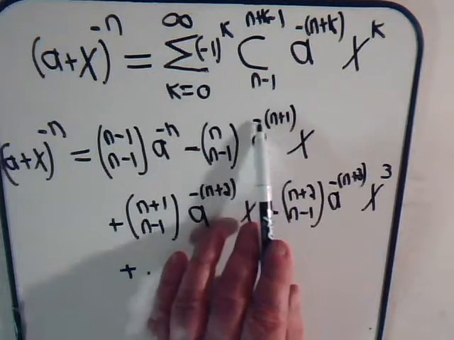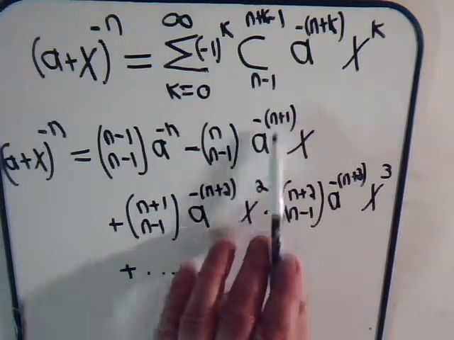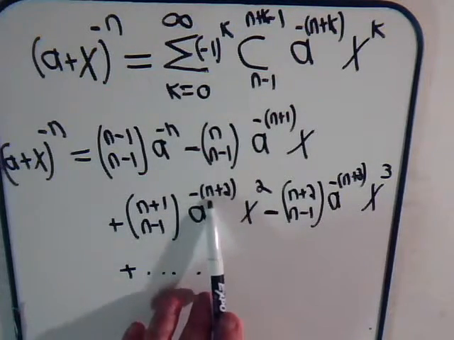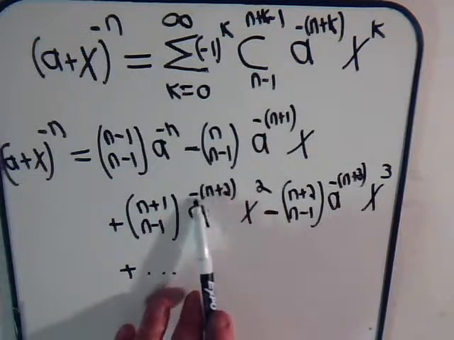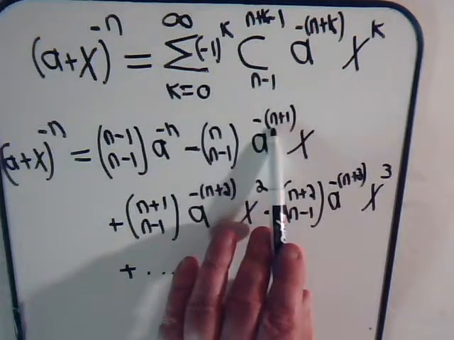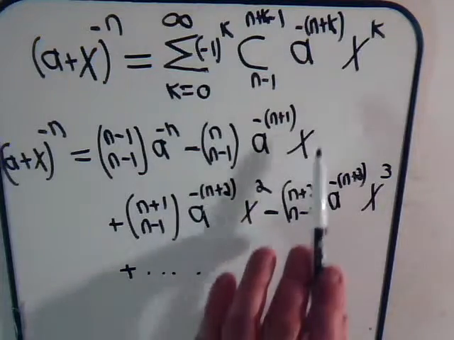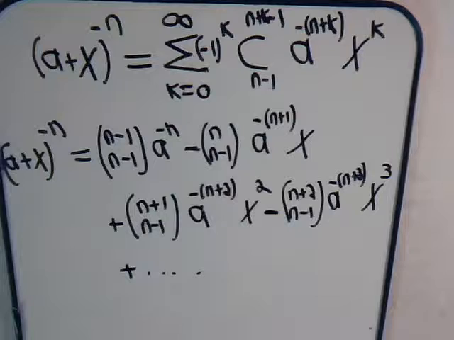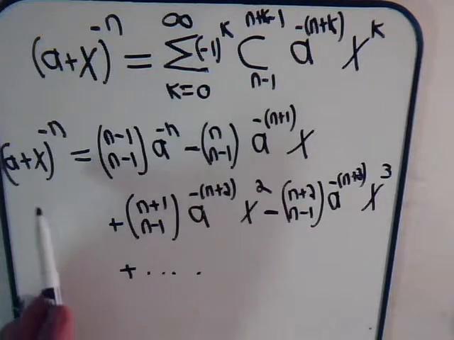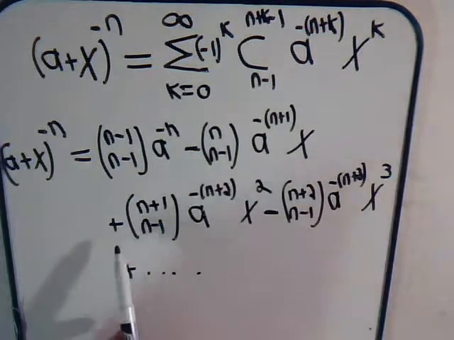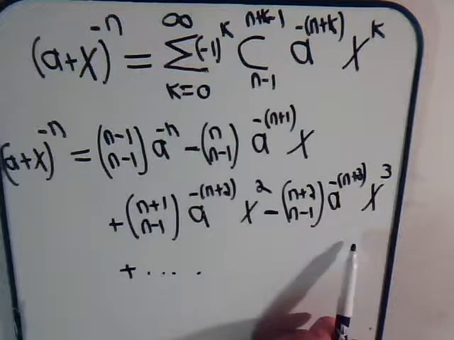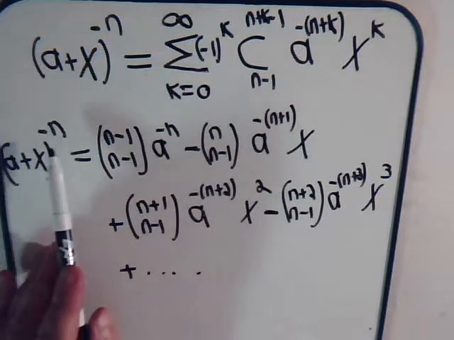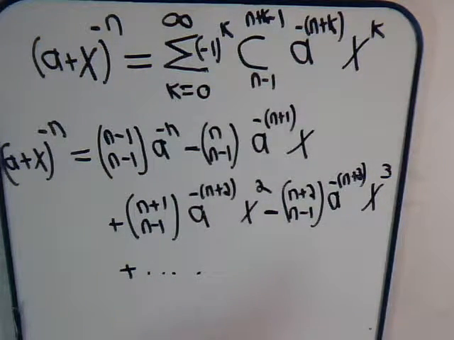This exponent here, a to the minus n plus 1, it continually decreases by 1, because here we have a to the minus n plus 2, so this negative exponent is 1 smaller than this negative exponent, and the exponent of the x term continually increases throughout the series. So this right here is probably the most convenient form then to write down the binomial expansion of a plus x when you have a negative exponent.